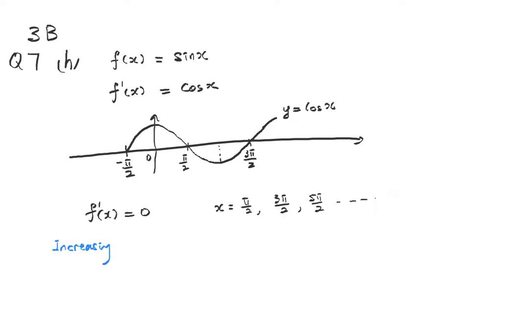So you have to be here between, the first one is negative pi by 2 to pi by 2. Then the next one will be from 3 pi by 2 to 5 pi by 2. This is called all increasing.